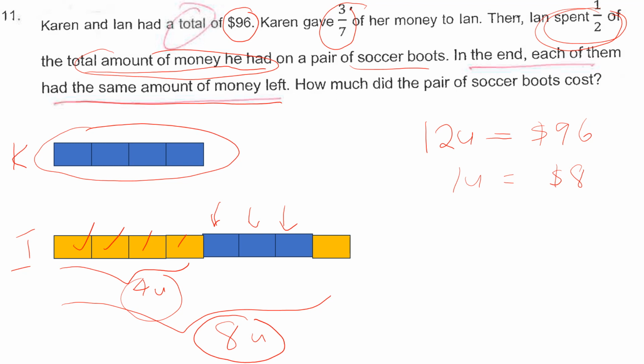And they're asking for how much was spent on the boots. Since it's mentioned that he spent half of the total amount of money that he had on the pair of soccer boots, that means from here he's spending 4 units. That means it will be equal to $32. Do you get it? Okay, move on to the next question.